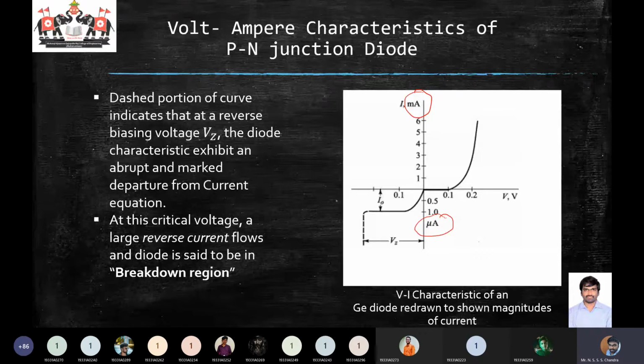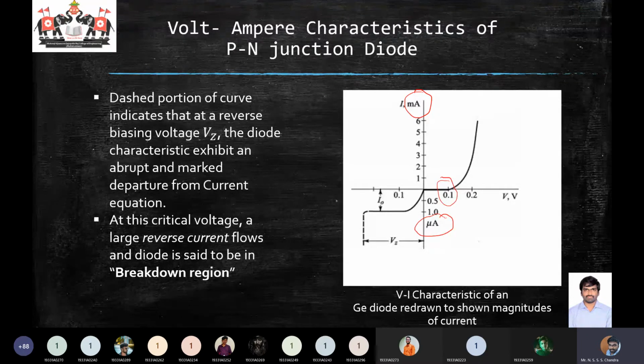Okay, so you can see that in the forward bias, till some value, let us say in this curve around 0.1, the current is very small.